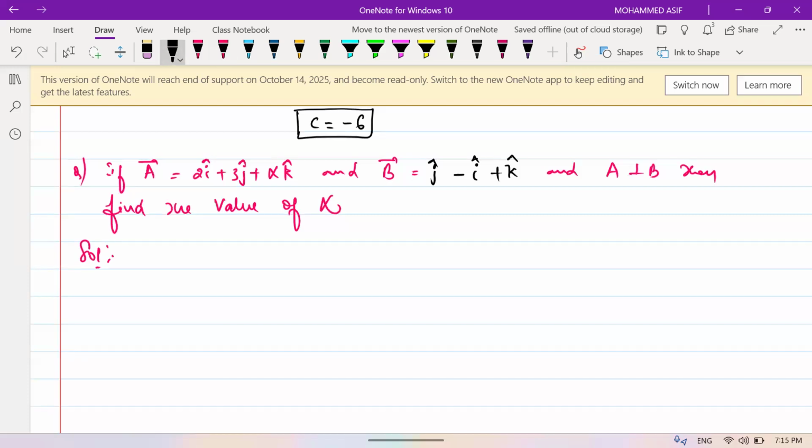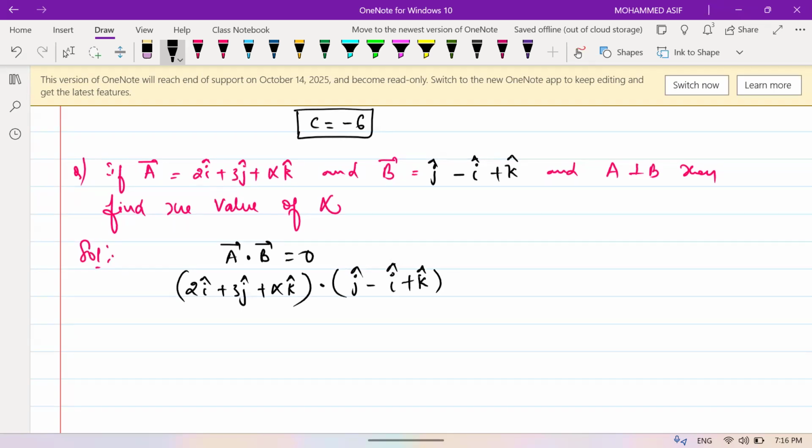A and B are perpendicular to each other. Whenever they are perpendicular, just now I told you A bar dot B bar will be equal to 0. So this will be 2 I cap plus 3 J cap plus alpha K cap, dot, J cap minus I cap plus K cap, equal to 0. Right now for me, 2 into minus 1, because I can multiply I with I only. I and J will be equal to 0, because if I multiply I and J, that will automatically be 0.